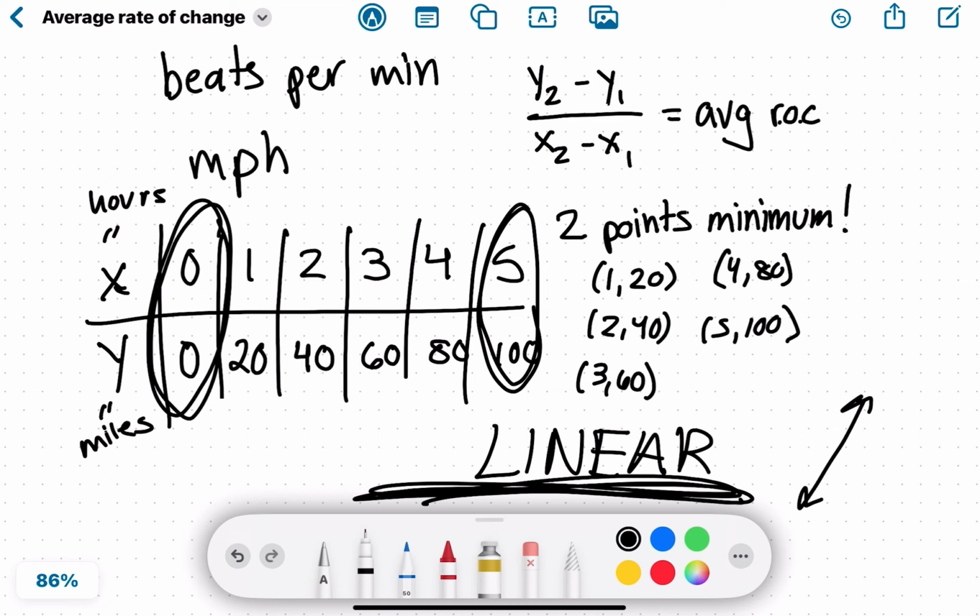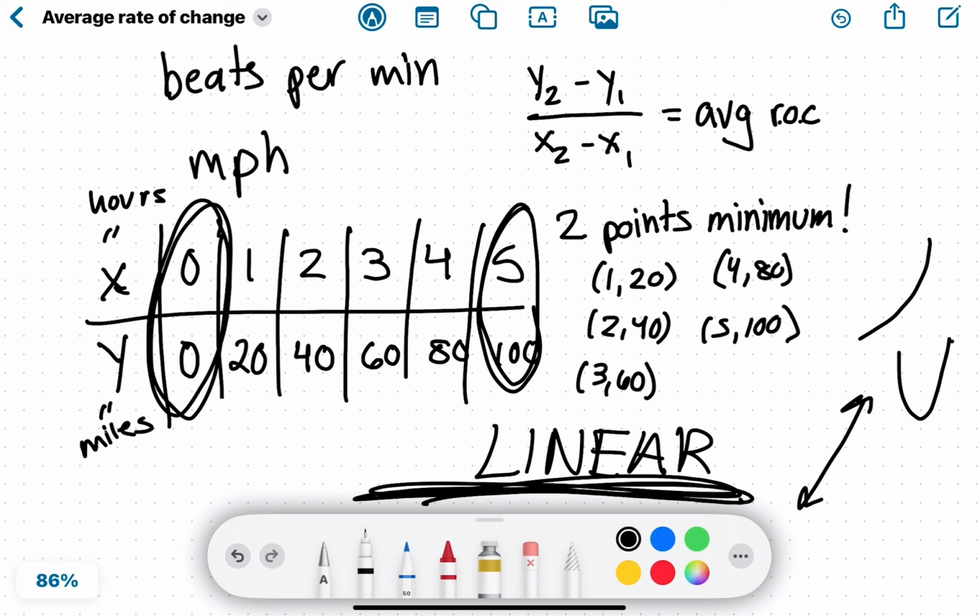However, if the line is a little curved, or it's a parabola, or anything else, if you could see that the y's don't go up by a constant amount each time, x goes up by 1, not 2, not 3, not 5, 1, then yeah, you could pick any 2 points.